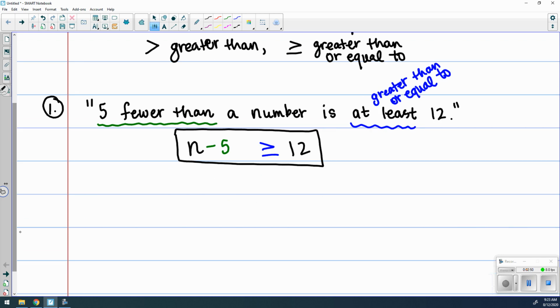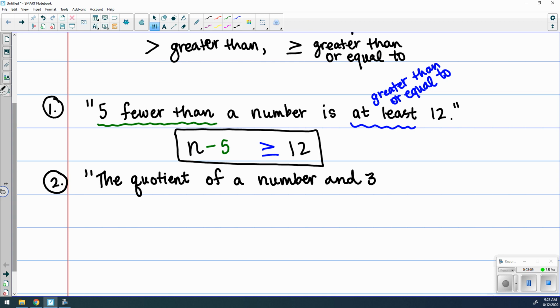Let's try another one. Number 2: the quotient of a number and 3 is no more than 15.